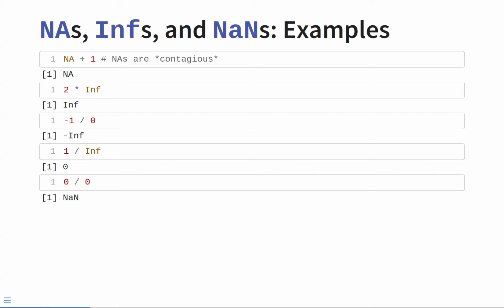And since you can't tell what the answer is, but it's not really missing, it's not that we don't know one of the key inputs, we have a NaN rather than an NA. Let me repeat that last thing one time. In the calculation 0/0, the problem isn't that we don't know one of the inputs to the calculation. We know perfectly well that we're taking 0 and dividing by 0. The problem is that that particular quotient is not well defined.